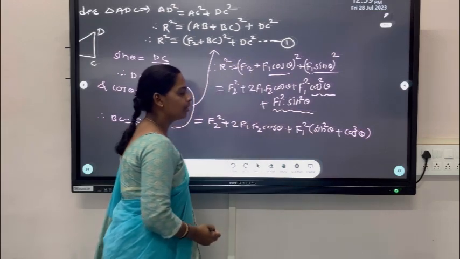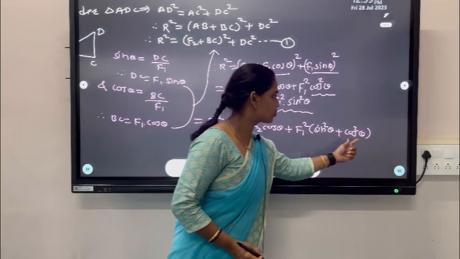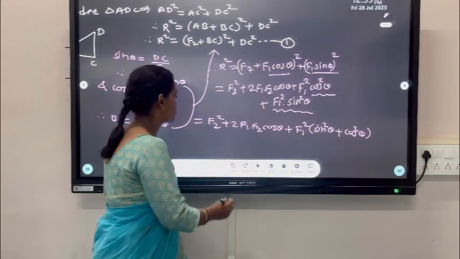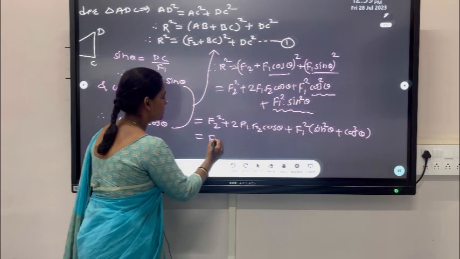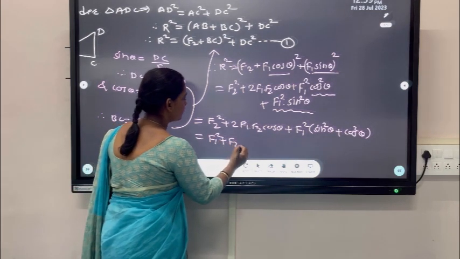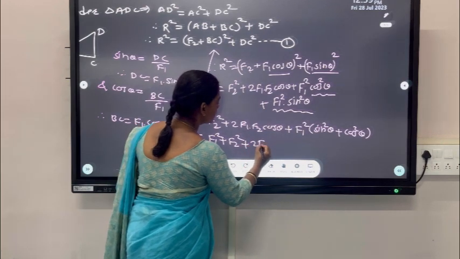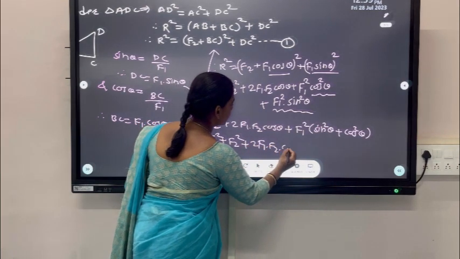Okay, but we know mathematically sin square theta plus cos square theta is 1. That's why it becomes F1 square plus F2 square plus 2 times F1 into F2 into cos of theta.